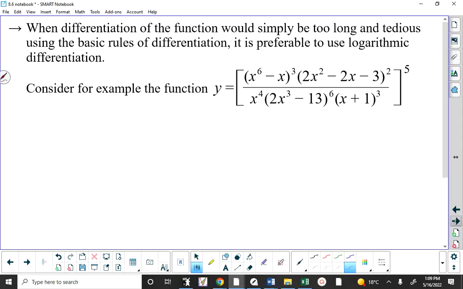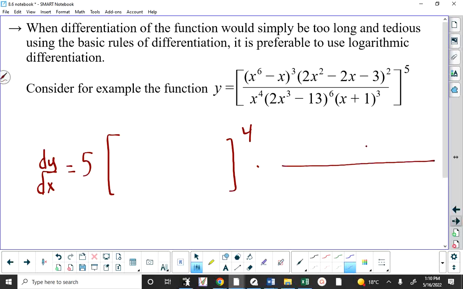It's almost impossible to keep track of. Because what you would have to do is wrap that 5 around that thing, raise it to the 4, and then use the quotient rule to multiply by the derivative of what's inside.